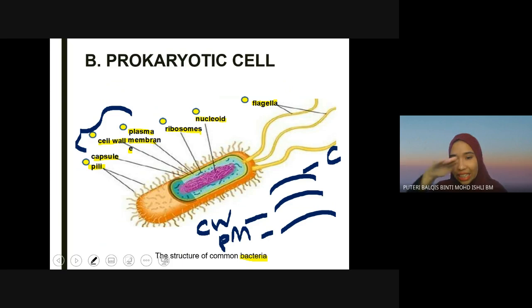So 3 layer. Kalau soalan bagi gambar macam ni and you're not so sure which one is capsule, tengok layer yang keberapa. The outermost layer is capsule. The second layer is cell wall. Yang ketiga adalah plasma membrane. The innermost layer is plasma membrane.